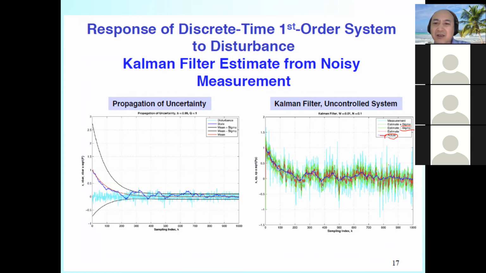Blue is the real signal, and the first color is the measurement. So this blue one is the state, and the two blacks are just plus 1 and minus 1 sigma about the noise.